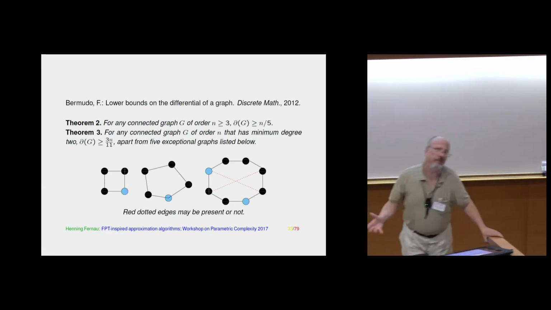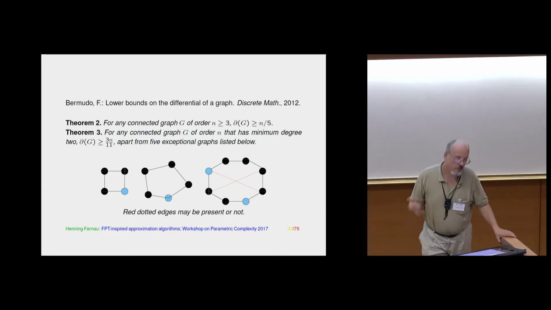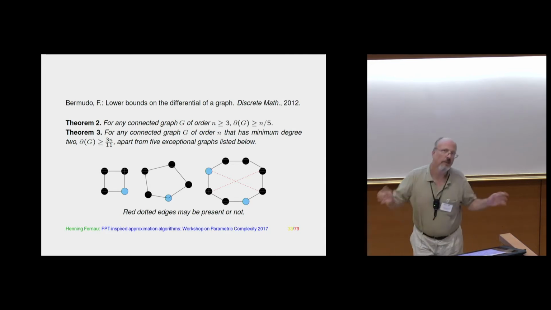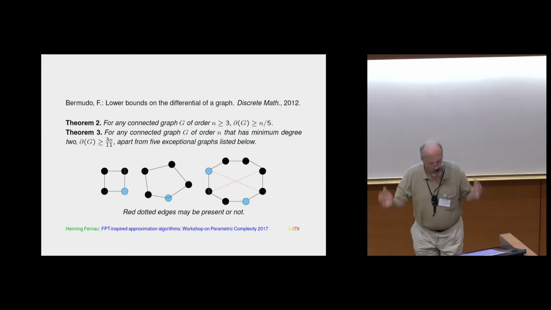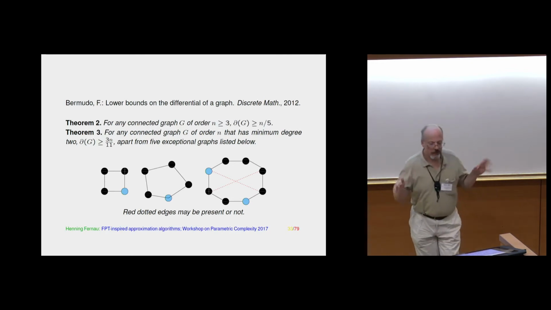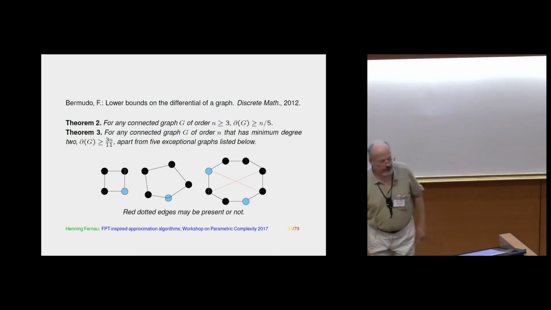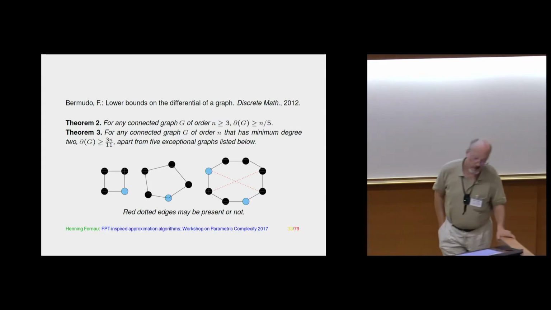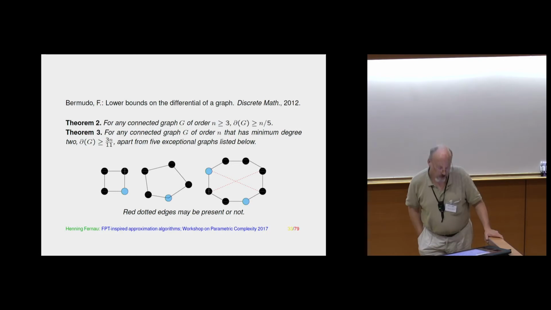Similar results as I told you about this harmless set last time. If I have a graph of minimum degree at least 1, so a graph without isolated vertices, of a certain minimum order, then I can have a lower bound of n over 5 for my differential.